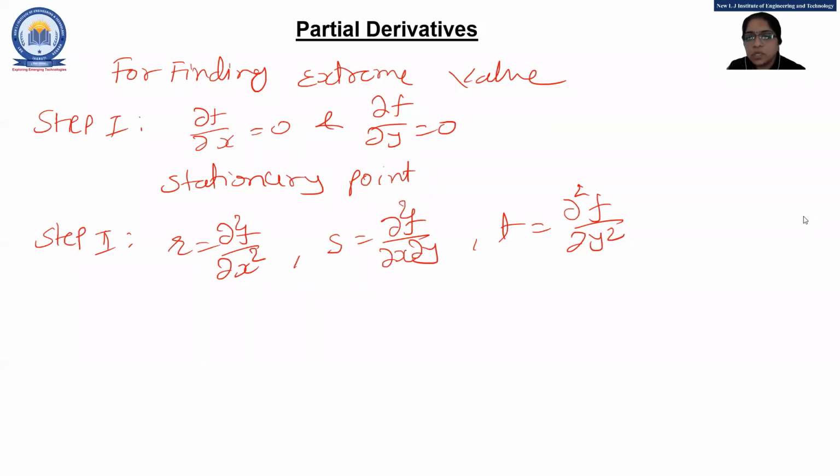Then what about step 3? Vatsal Bimani, roll number 128. What is our step 3?